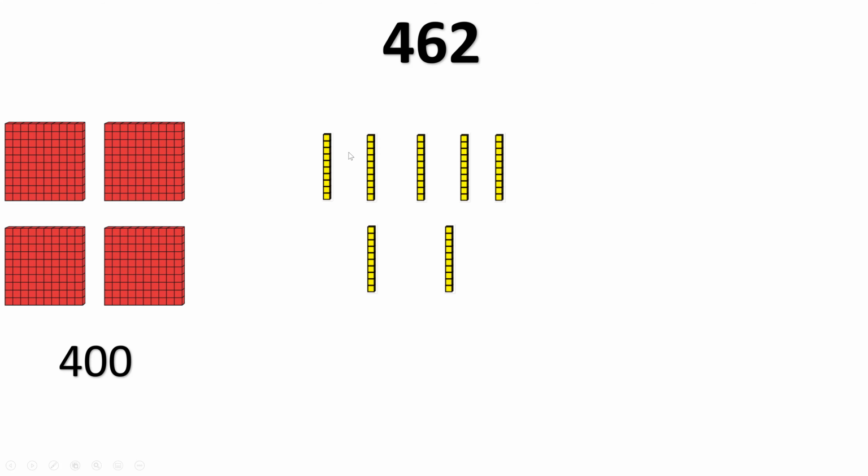462. We are going to build 462 with our blocks. Are you ready? Let's begin. I have 462. 400. That tells me I'm going to use 4 hundreds blocks. 1, 2, 3, 4. 400. 60. 6 is in our tens place, so I'm going to count by tens using my tens block. 10, 20, 30, 40, 50, 60.